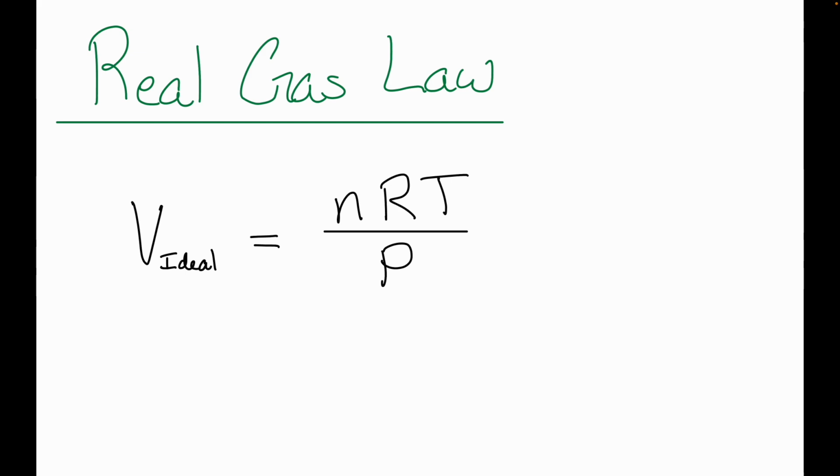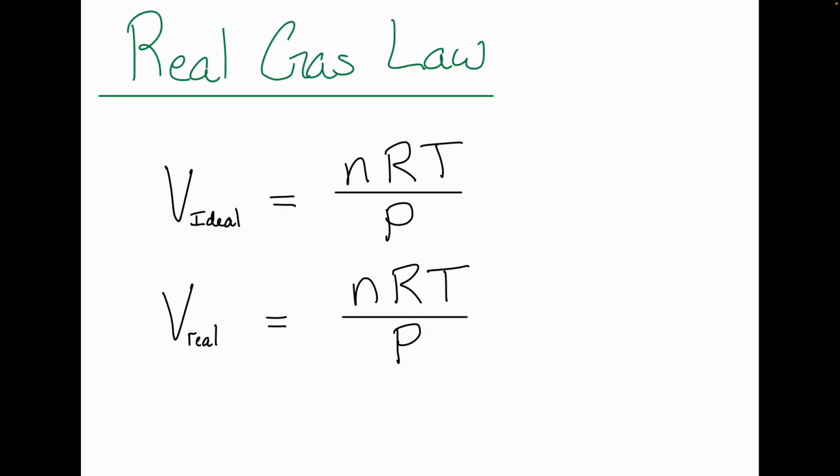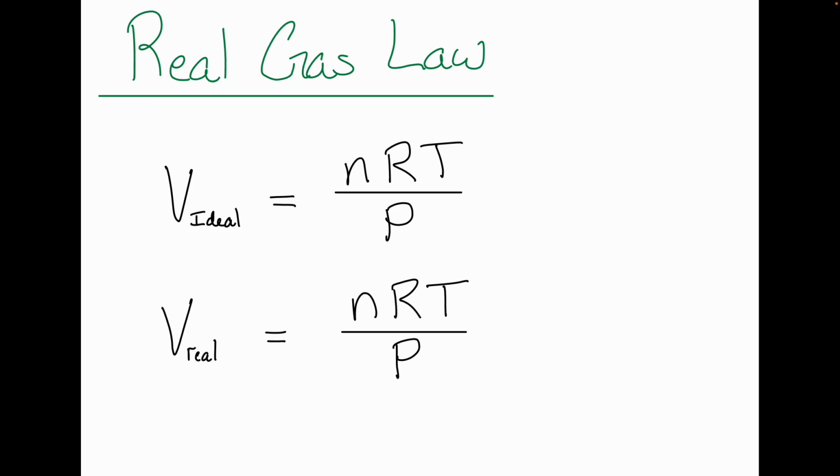But now we're going to say, all right, we have real gas particles, so we're going to start with that same basis, that nRT over P. But now we know that some of that volume is actually occupied by the gas particles themselves. So we're going to tack on this little fudge factor here, plus a term to account for our particle volume.